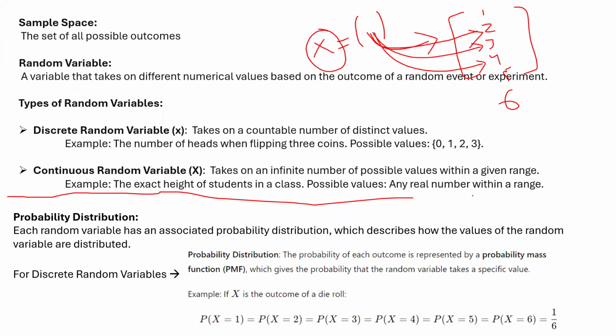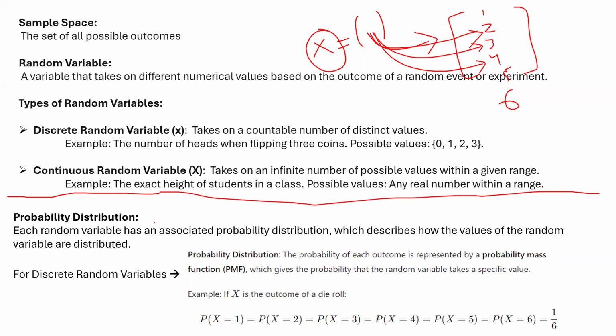Okay. Now you have to understand probability distribution: in simple words, the probability of a random variable taking a specific value and their distribution. Now you know what a random variable is and what values it can take. But now you're calculating the probability of a random variable taking a specific value from the outcome.